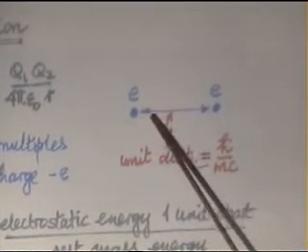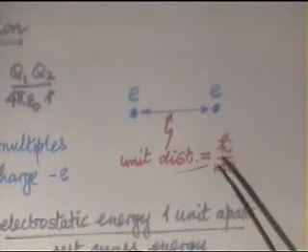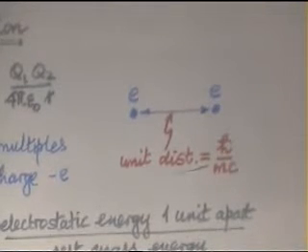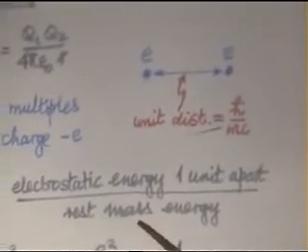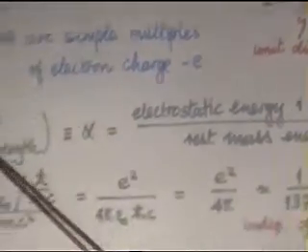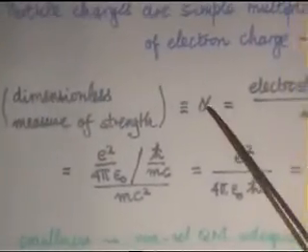So now we have a unit distance, the same unit distance as before, and we have an electrostatic energy of two charges of size E, a unit distance apart, over the rest mass energy. That dimensionless number is called the fine structure constant, alpha.